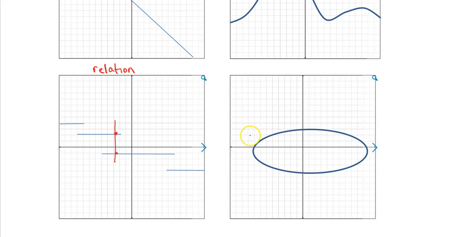If we're talking about the inputs that go from here to here, right? This is going to be that domain. This is our domain, our inputs, right? This is our domain.